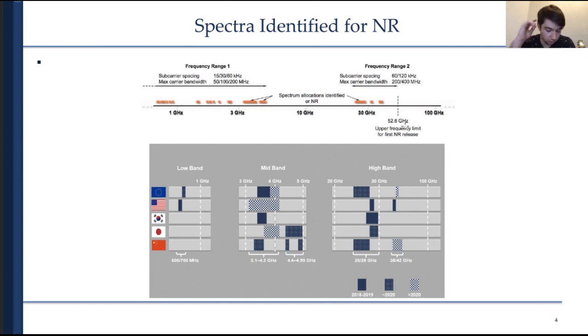An important thing, of course, as I mentioned, is that those two frequency ranges are just specifications, but it doesn't mean that each country would use exactly those frequencies.